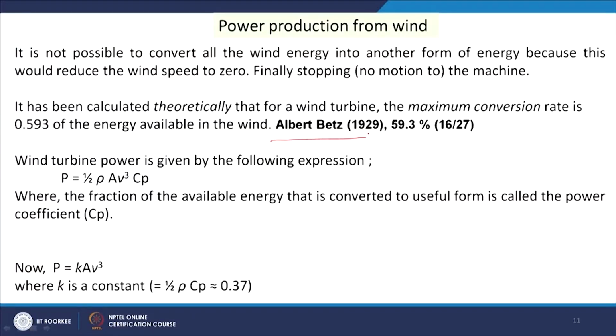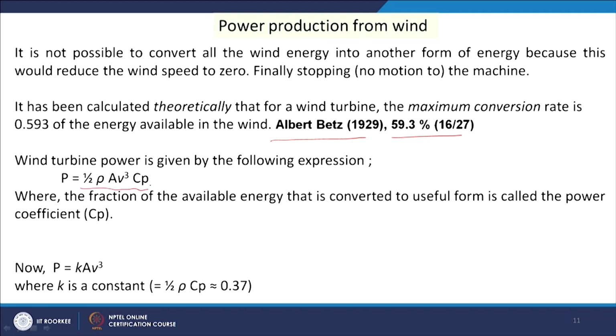That is why complete conversion of the energy available in the wind will not be possible, and it has been proved by different researchers, particularly Albert Betz in 1929. He recommended and proved that around 59.3% of the energy associated with the wind may be transferred in the turbine.